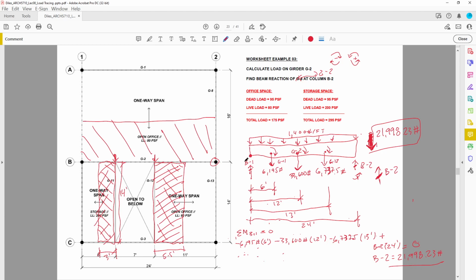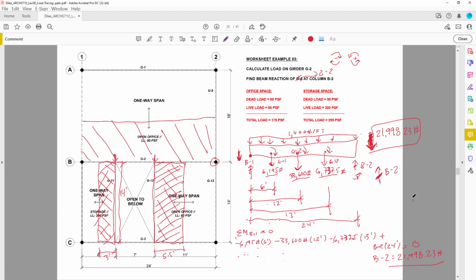We're going to have a different load at B1, and that would be, if we added up all of these loads, 6,195, 33,600, 6,737.5, we added all of those up and then subtracted 21,998.23, that would then be the reaction, or the girder reaction at B1, how much it's pressing down.